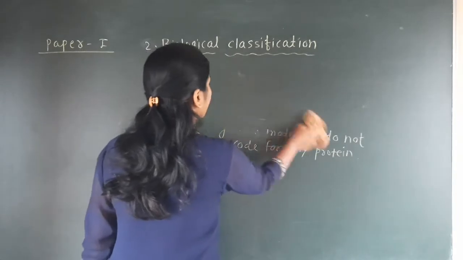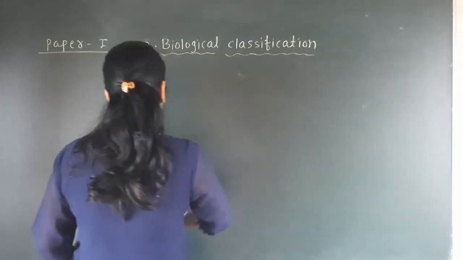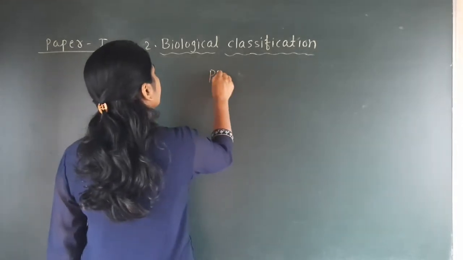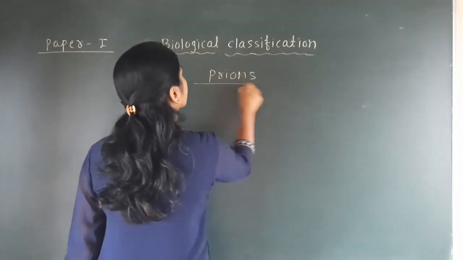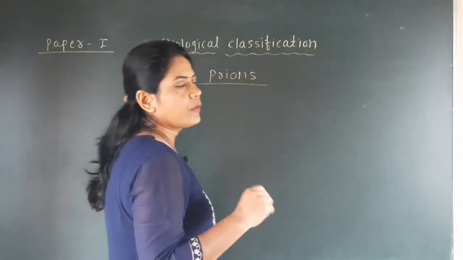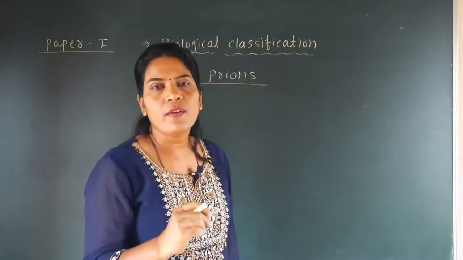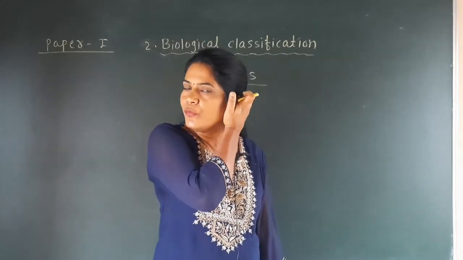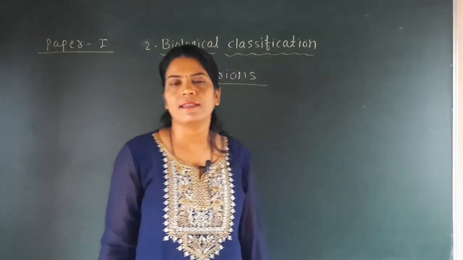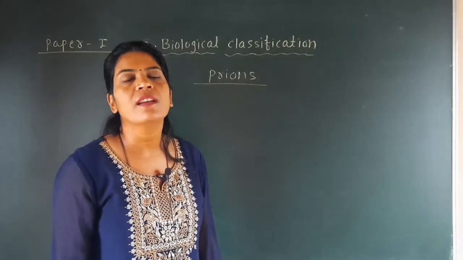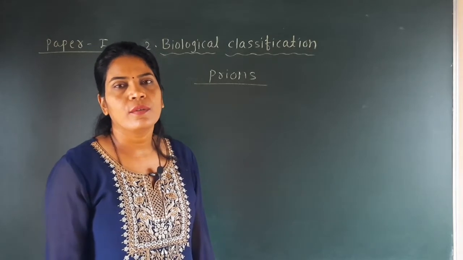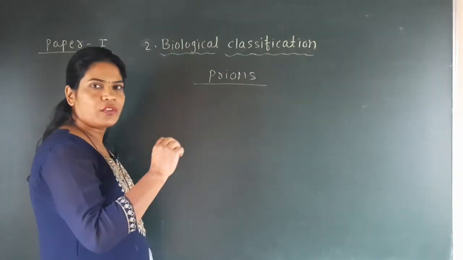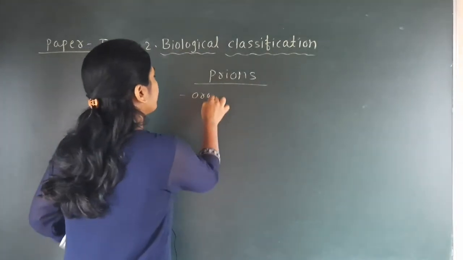So the next point is prions. So what are prions? Prions are also organisms which are smaller than viruses. First we will see what prions are.